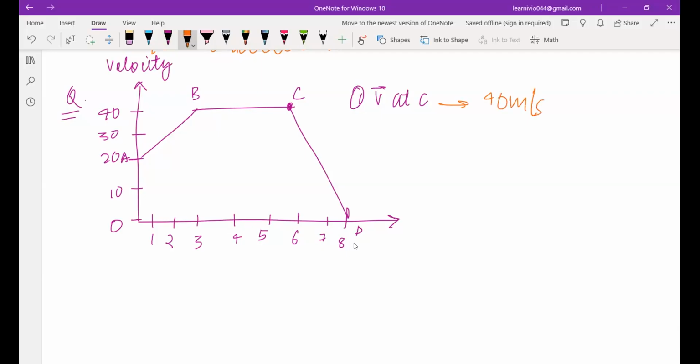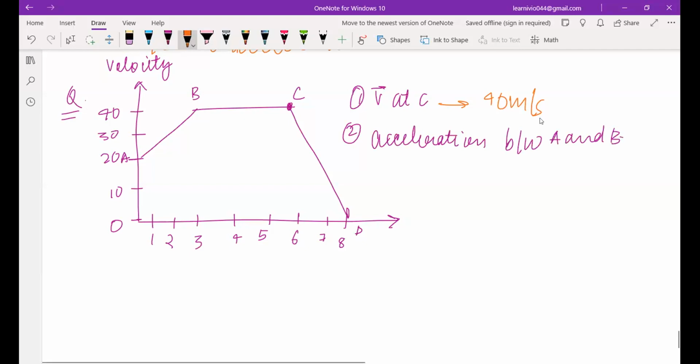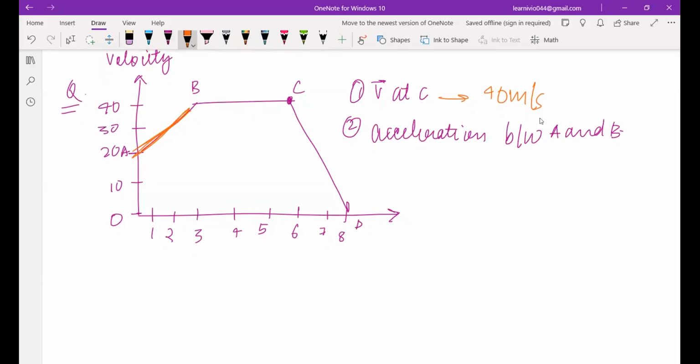Then acceleration between A and B. So between A and B, this is AB. First of all, you take the y-axis. So final is 40 minus 20.